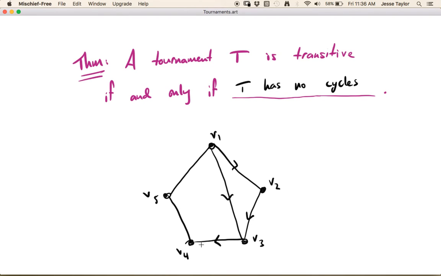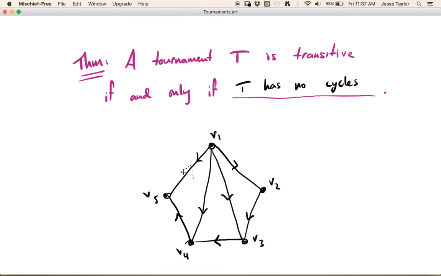Well, V1, V3, V4 is there, so that means the arc V1, V4 has to be there to satisfy transitivity. But then if we had this cycle around the outside, V1, V4, V5 is a two-path, which means that V1, V5 should be an edge. We should be pointing this way, which means that we should never have a cycle.